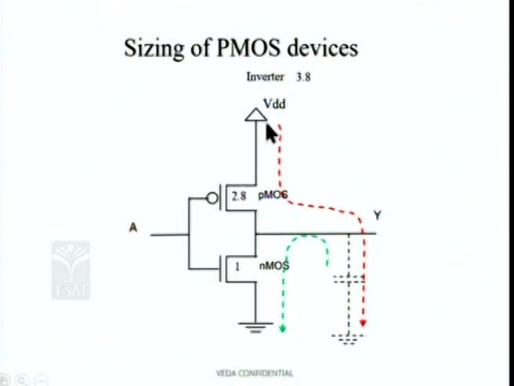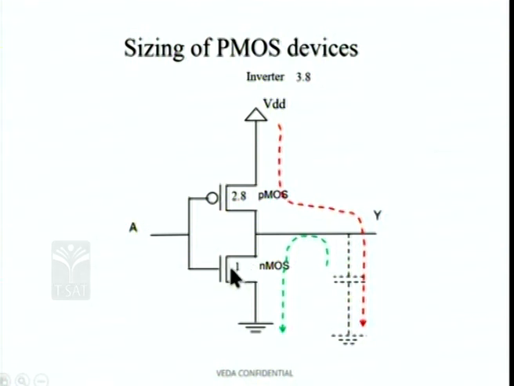Therefore, in order to ensure that this happens, the PMOS current is like this: the charging current is through the PMOS and the discharging current is through the NMOS. Therefore, if the NMOS transistor size is taken as a unit size, whatever that size means, it could be 5 square microns, it could be 10 square microns, anything.